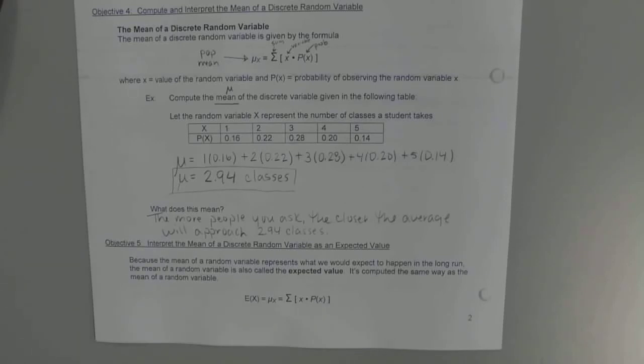Taylor, how many are you taking? 5. 5? 4. 3. 5. 4. 4. 4. 5. 3? Gosh, guys. 2. Yeah, and you feel like a slacker, right? When 2 classes is a decent load. Yes, sir.